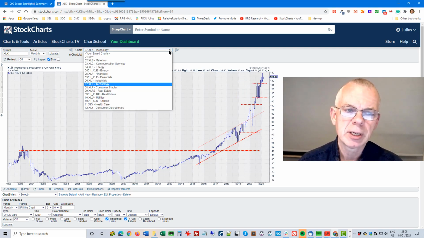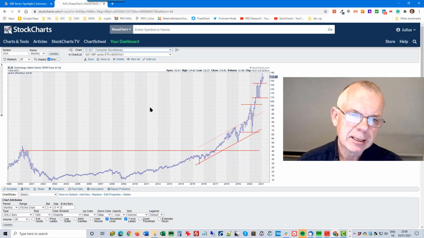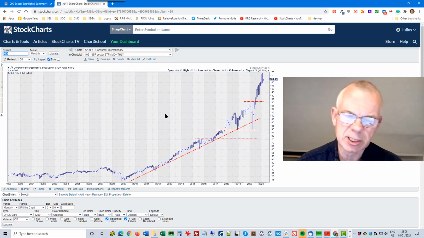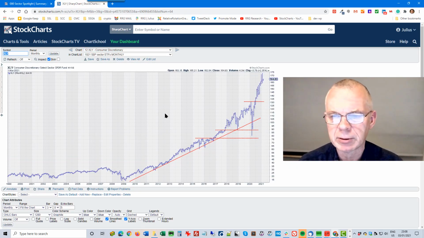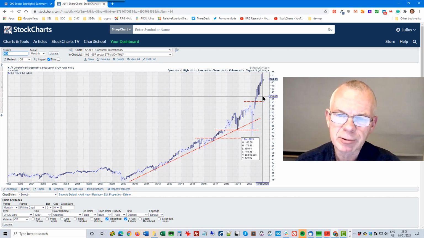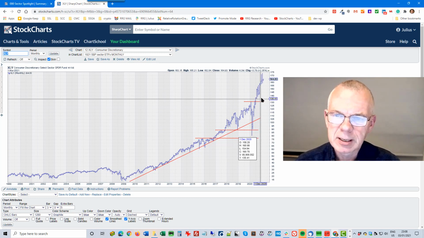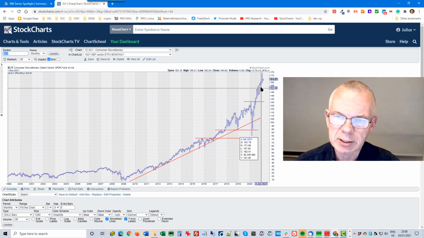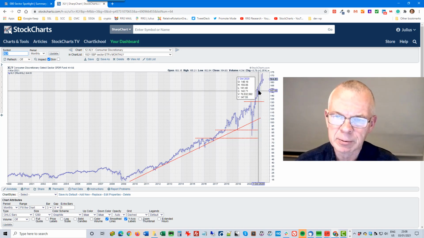If we go to discretionary, we have somewhat of a similar picture. Remember, we talked about the RRG moving to the left, so that tail moved to the left. Some sort of weakness on the weekly chart. That's definitely coming from that sort of reversal bar here on the month of February.